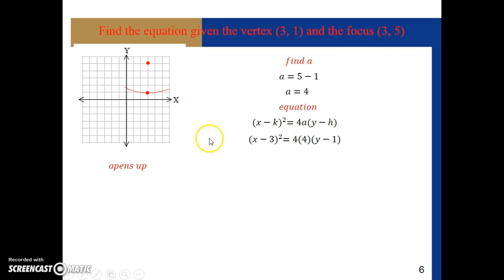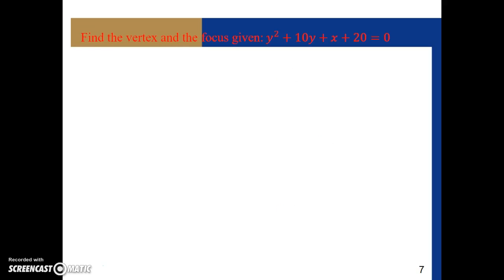I know that I open up, so that is a positive 4 times a, and there's the equation for that parabola. The directrix, equidistant, is a line that's 4 units below that vertex point, so 1 minus 4, it is the horizontal line y equals -3.